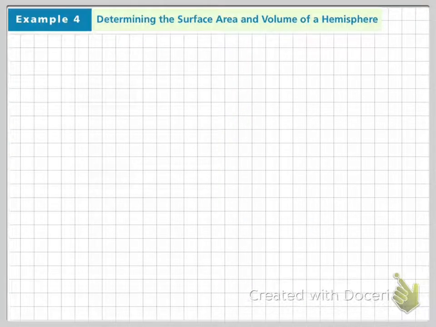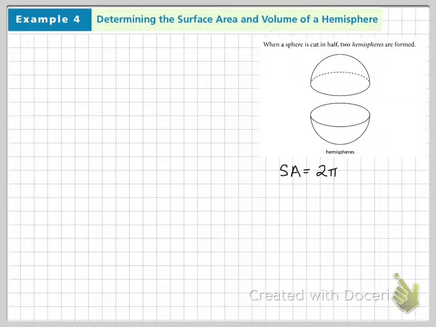In example 4, we're going to determine the surface area and volume of a hemisphere. Remember, a hemisphere is half a sphere. So here the surface area of half of a sphere would be 2 pi r squared. But when you cut it open or cut half of it away, you've now exposed a third surface, and that surface is going to be the flat circular equator.